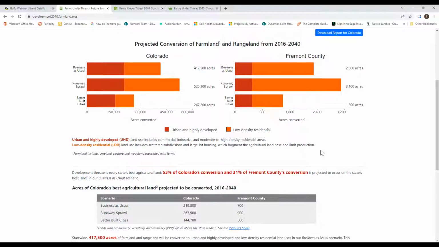When you look at the split between urban and highly developed and low density residential for the state as a whole, it looks pretty even. When you look over at this county level, you see that much more of the conversion is being fueled by low density residential development.